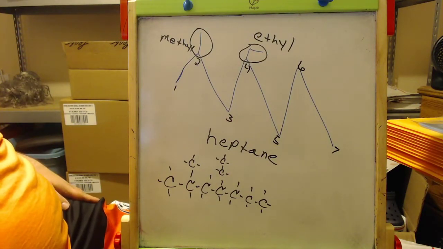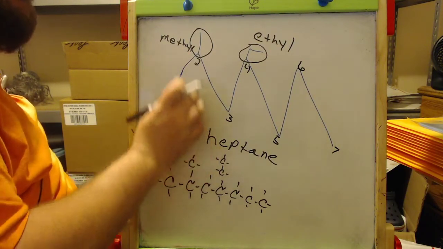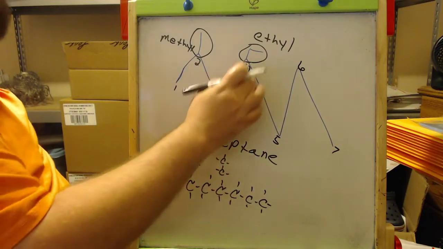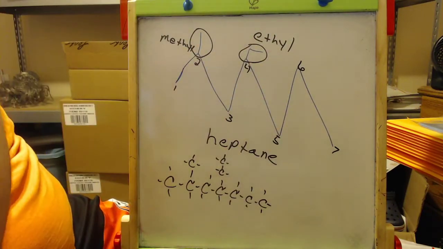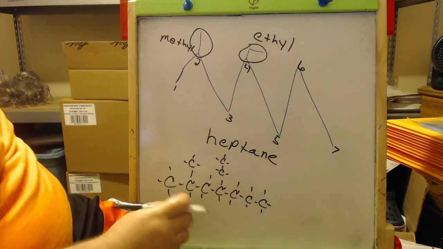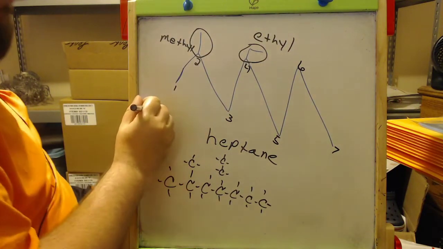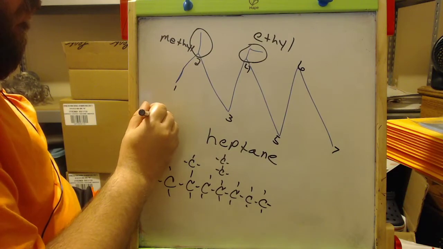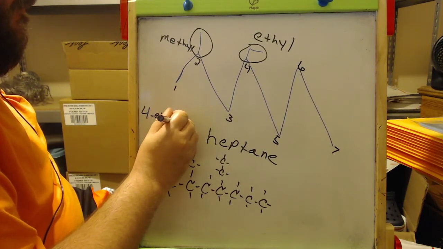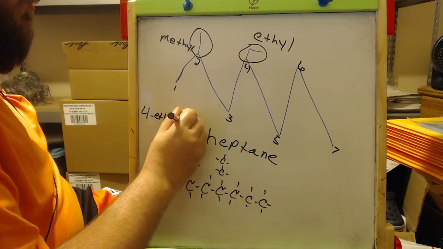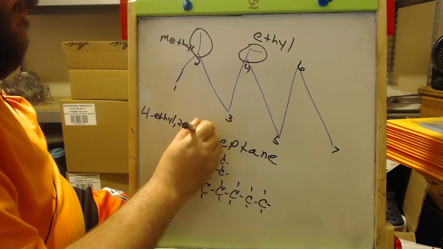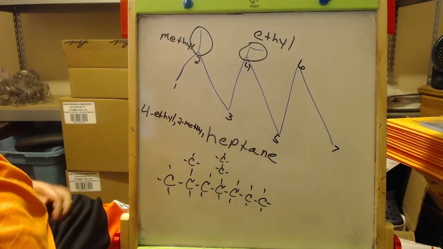Here we go. What do I put first? Do I call this 2-methyl 4-ethyl heptane or 4-ethyl 2-methyl heptane? And the answer is it goes alphabetical by the side chain. So this would be 4-ethyl, comma, 2-methyl, comma, heptane.